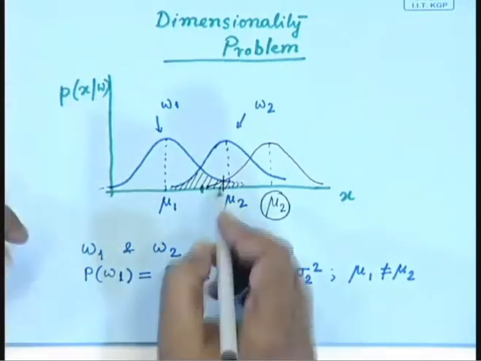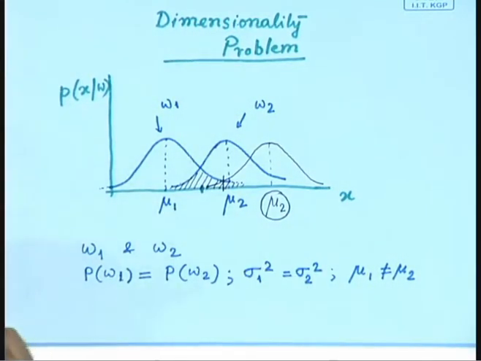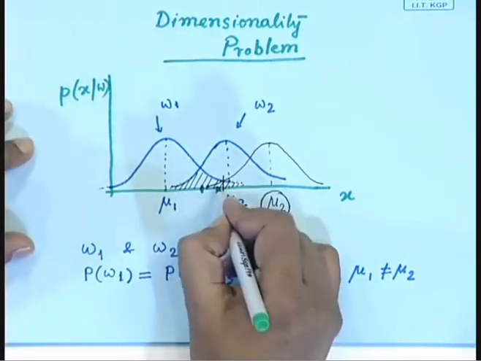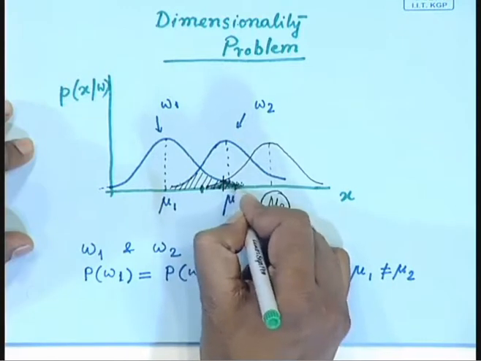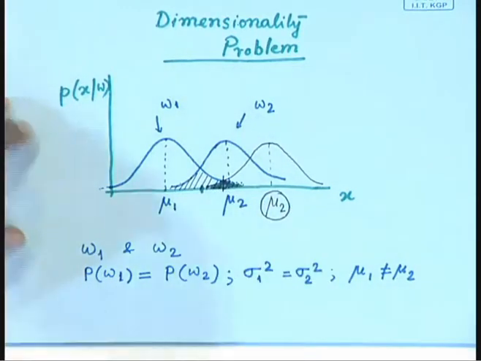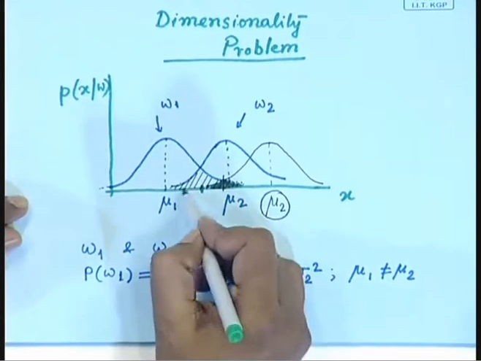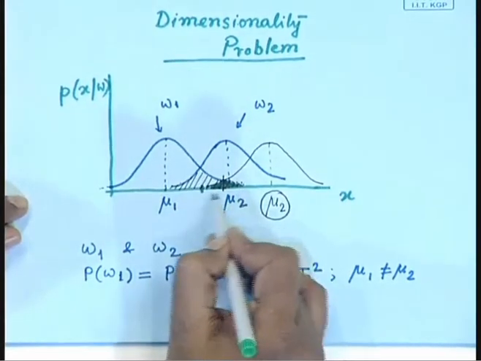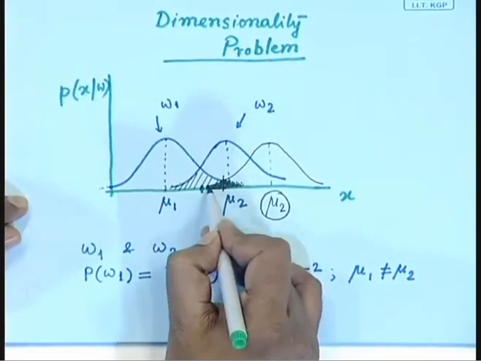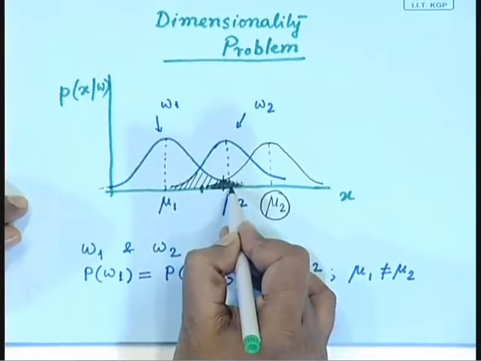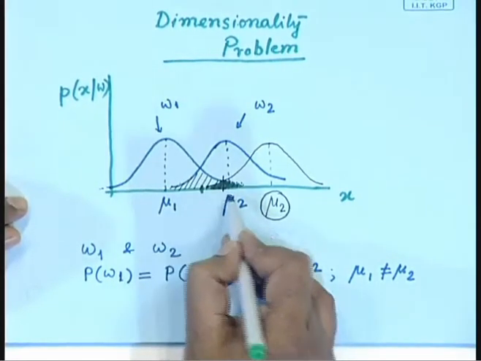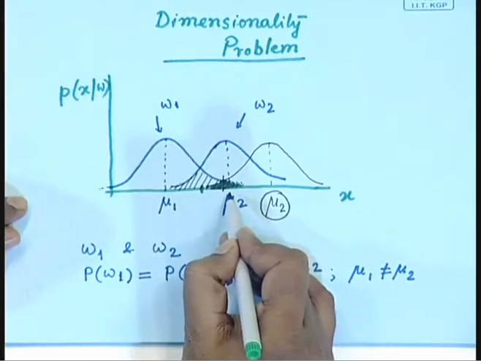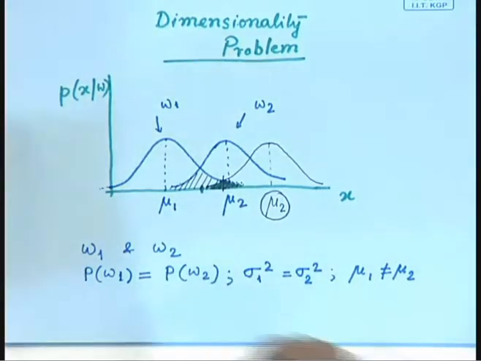And if this is the decision boundary, then the error will be reduced to this. So, you find that earlier my error was bounded under this curve, now the error is bounded under these curves. So, definitely the total error in the earlier case is higher than the total error that I get in this case, when the separation between mu 1 and mu 2 becomes large.